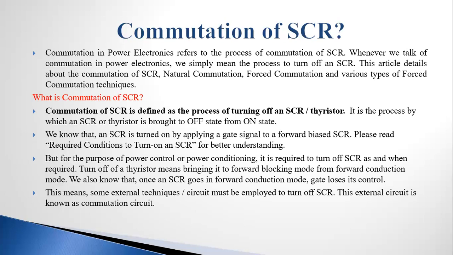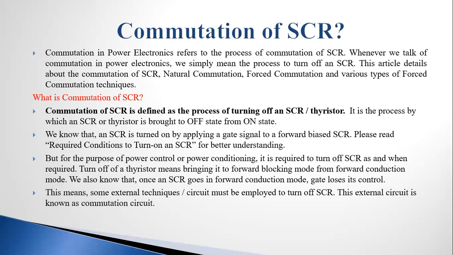We know that an SCR is turned on by applying a gate signal to a forward biased SCR. But for the purpose of power control or power conditioning, it is required to turn off the SCR as and when required.